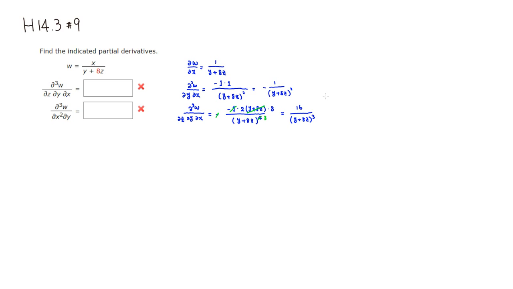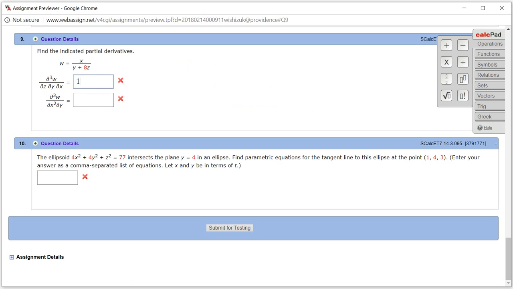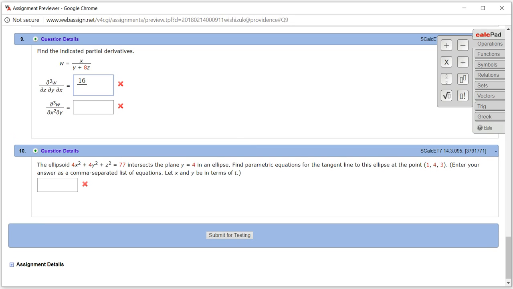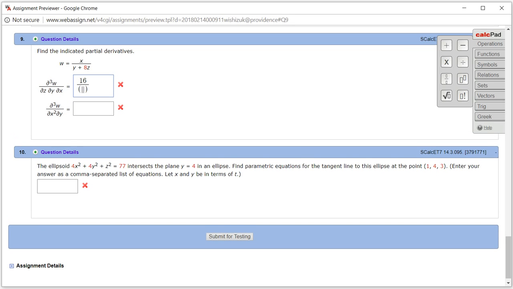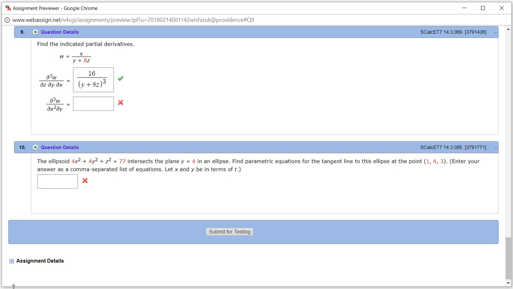So let's type it in: 16 over quantity y plus 8z raised to the 3rd power. Let's check the answer first. Alright, it came back and we got the first one correctly.